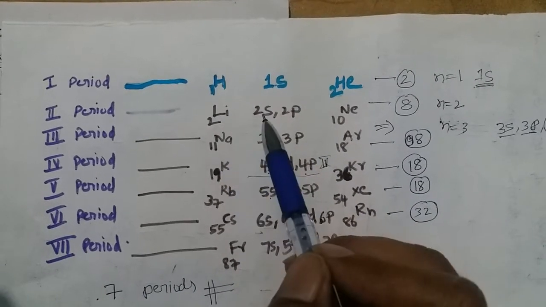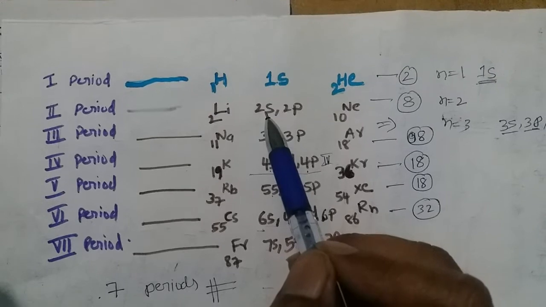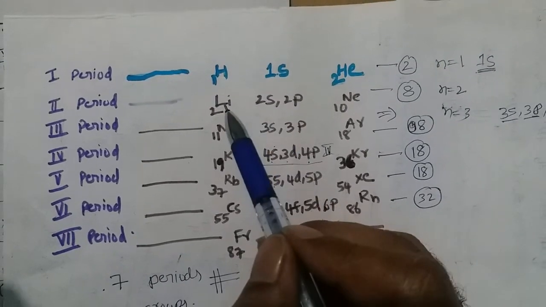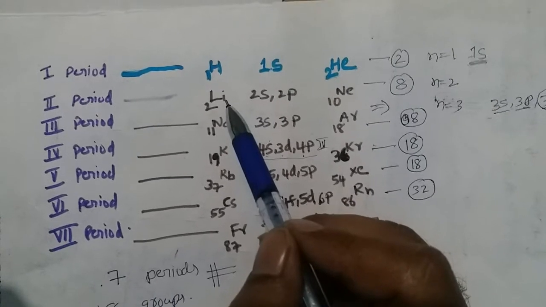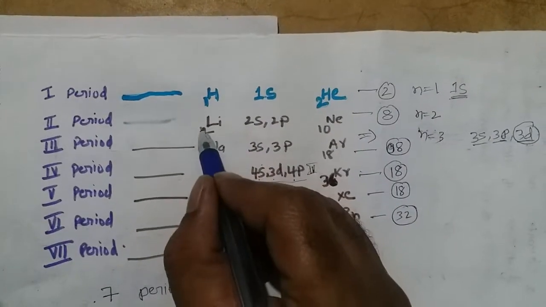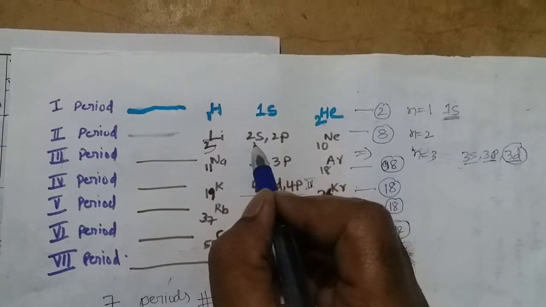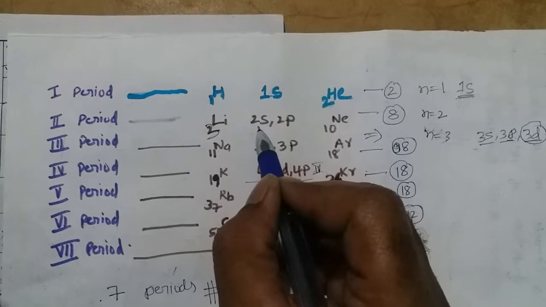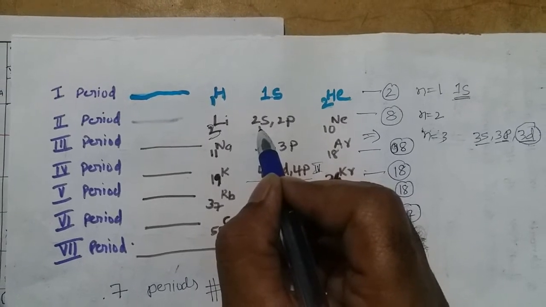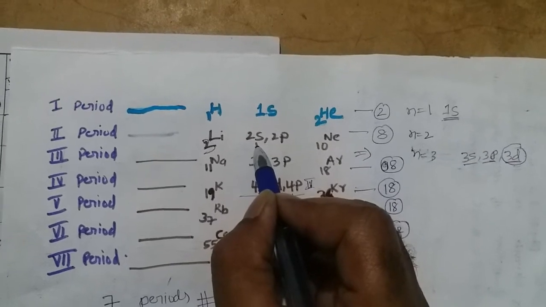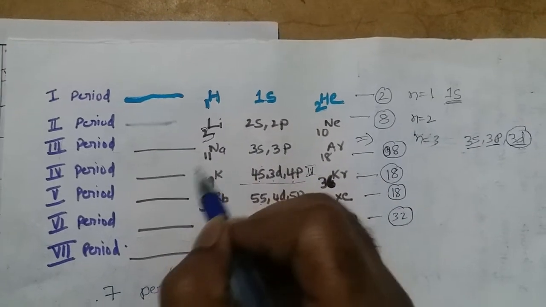In the second period we have to fill 2s with 2 electrons. Lithium's third electron is filled in 2s, and beryllium's fourth electron is also filled in 2s.